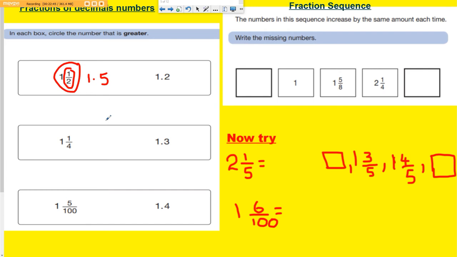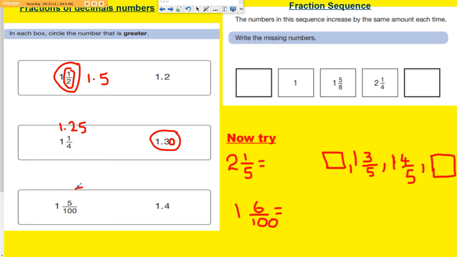Okay. Now here, this part, we know a quarter is like 25 pence. So that's 1.25. And this is like £1.30. So which one is greater? That one. Okay. And the next bit is almost like we're dividing by 100 there.